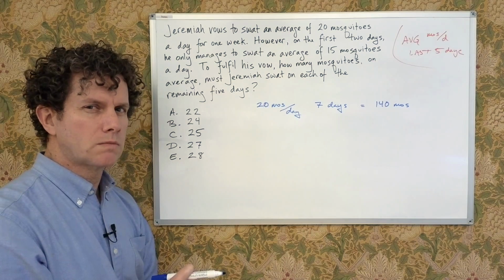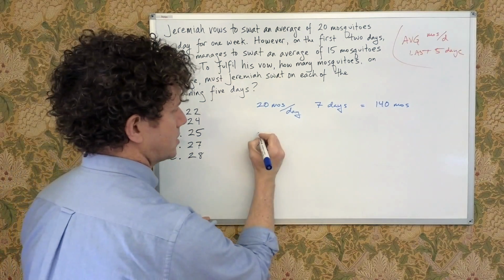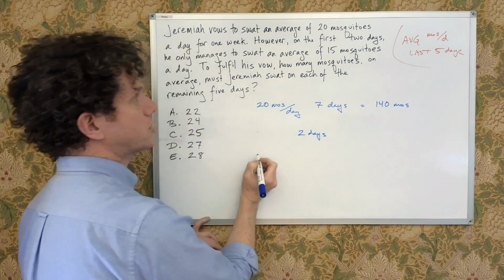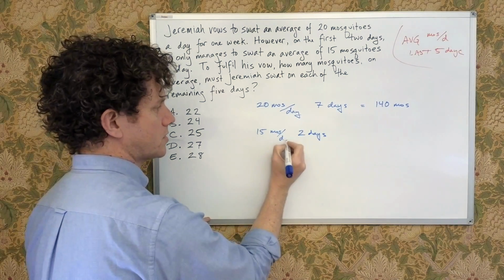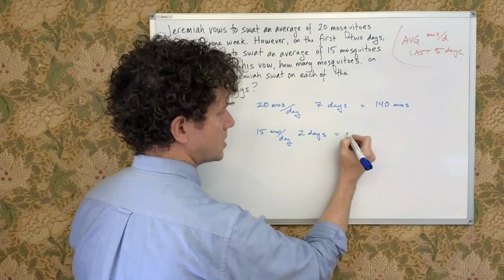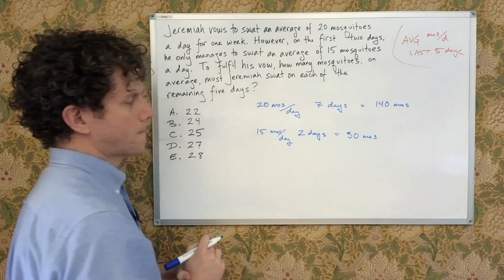Okay, so how near or far is he from his goal? He's had 2 days in which he has swatted just 15 mosquitoes per day. That means in those first 2 days, he has swatted 30 mosquitoes.